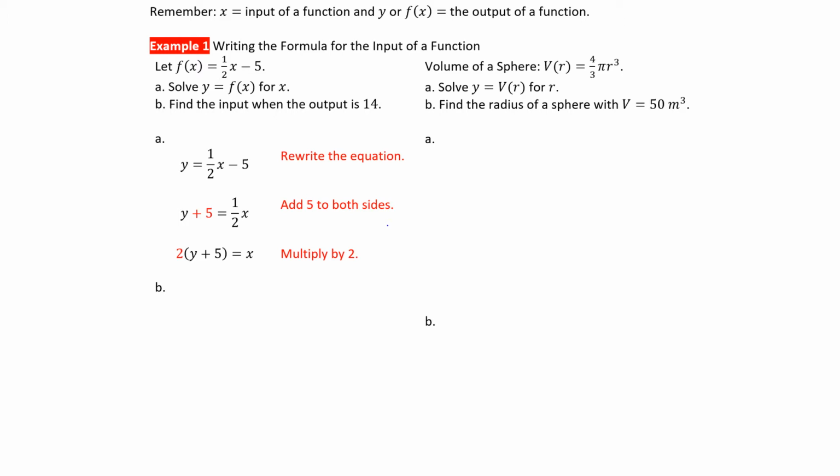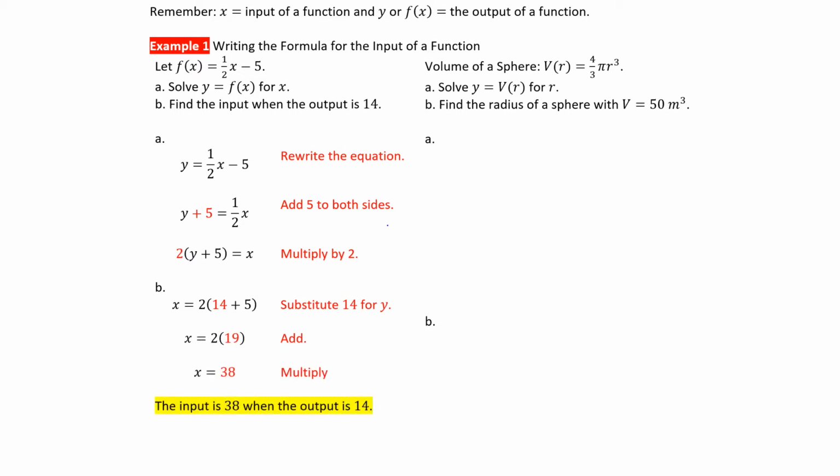So in part B, when it asks us to find the input when the output is 14, the output is the y. We can substitute 14 for y, add them together inside the parentheses to get 19, and then multiply to figure out that the input is 38 when the output is 14.